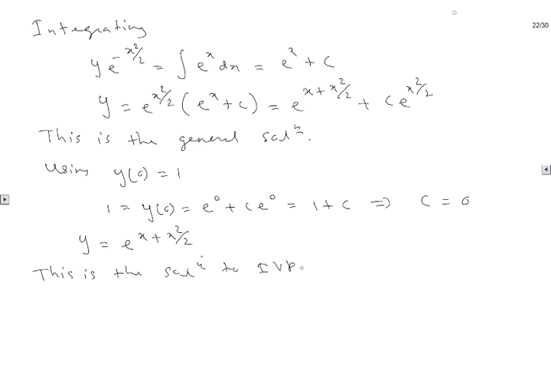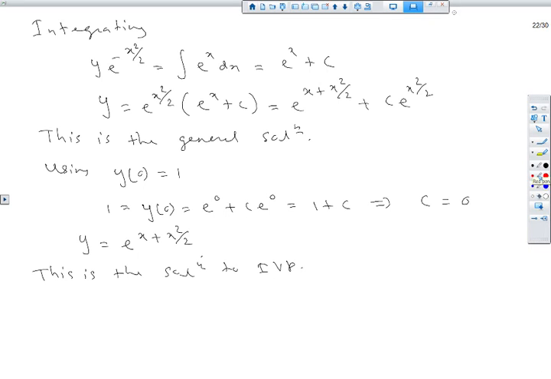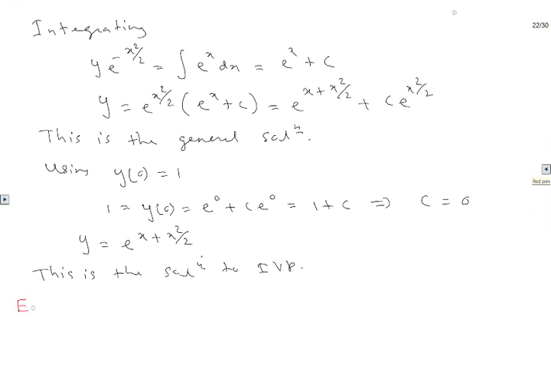Good. So I'm going to give you again some exercise problems. So exercise number 2, I'm going to give you 2. The first one, let's do dy over dx plus y equal x with y(0) equal 4.